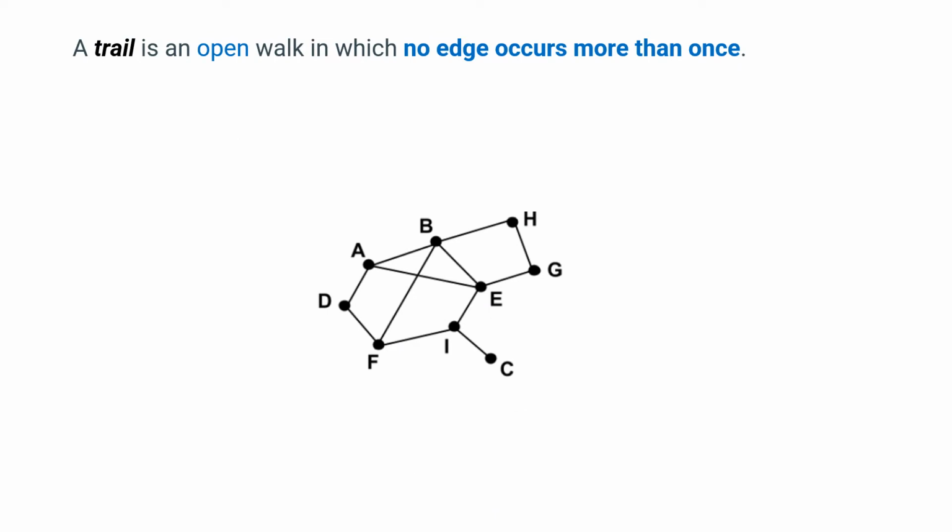Now, let's talk about what is a trail. A trail is an open walk in which no edges occur more than once. And think about a trail in real life. A trail goes past certain, maybe you could say, little checkpoints. If we call something a trail, there would never be any retracing of steps.